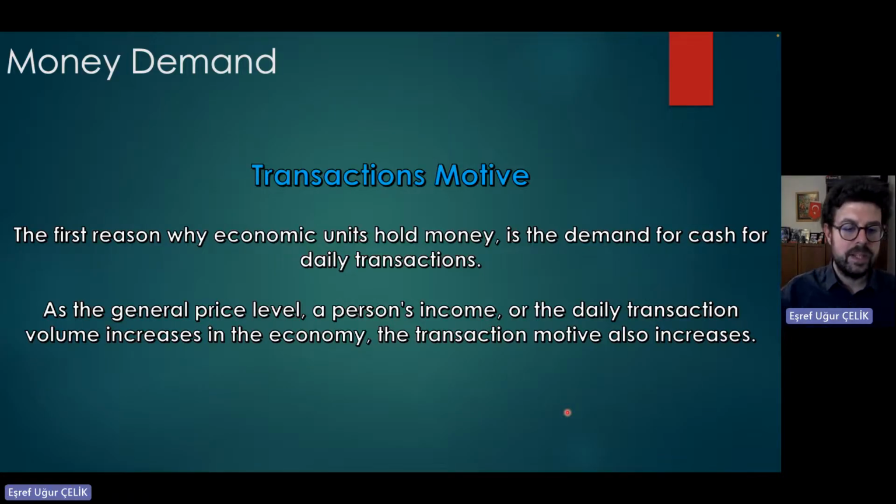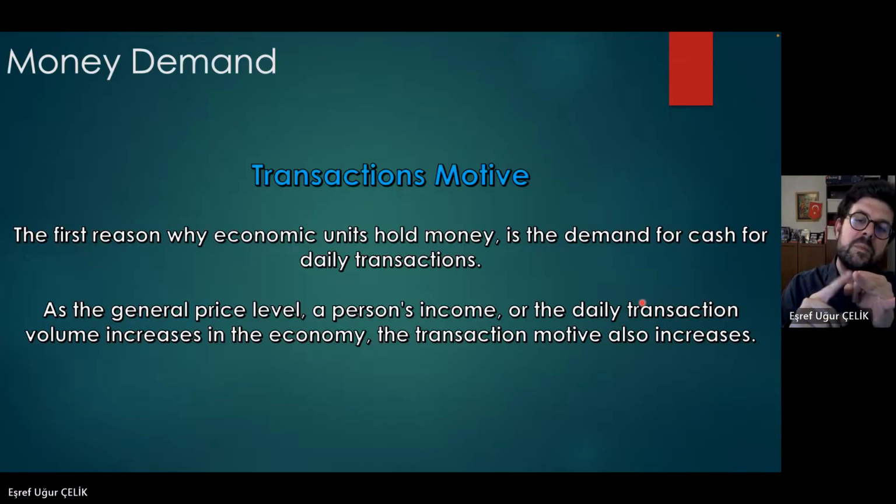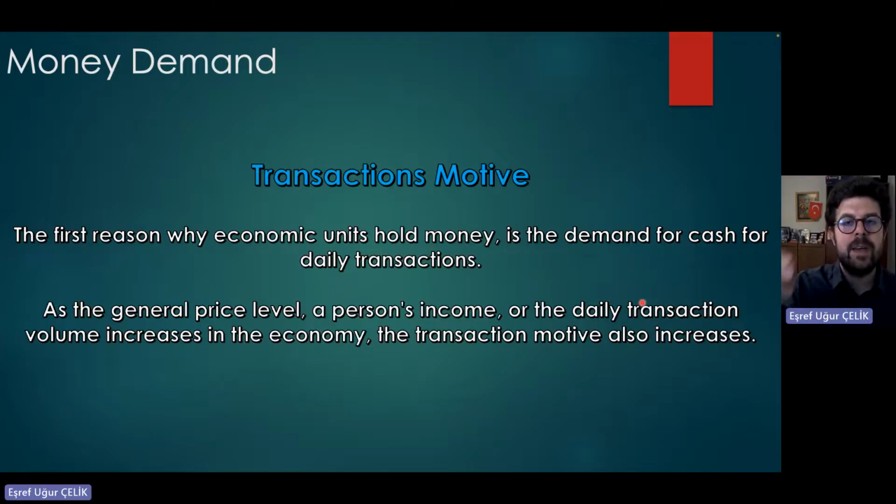And there's a rule over here. If the general price, personal income, or daily transaction volume increase, our transaction motive becomes higher. I can say again, if our income, that means real GDP, our price level in Turkey or your country, and also our daily transactions increase, it can affect the increase of transaction motive.